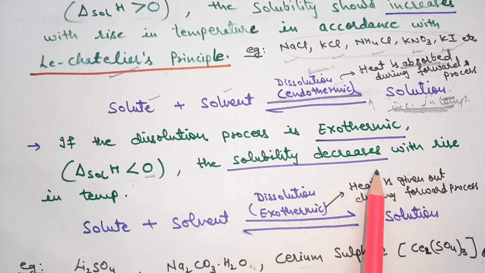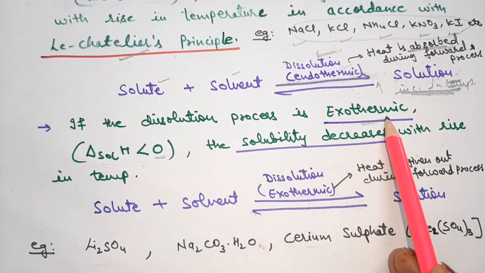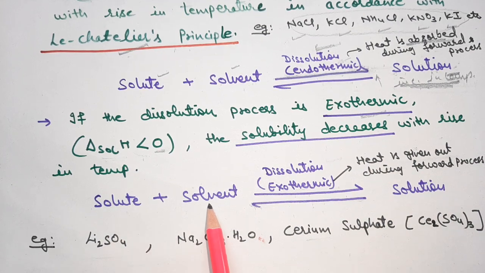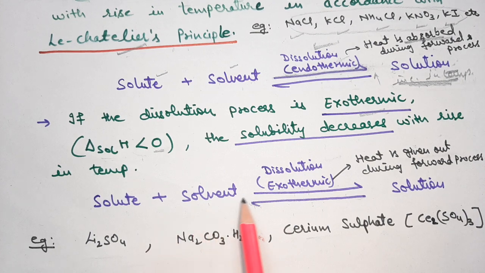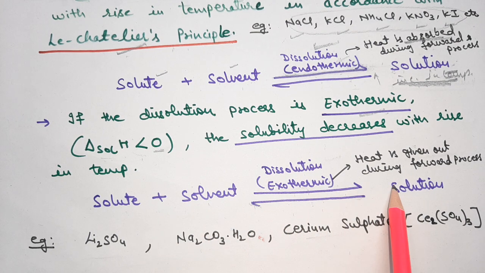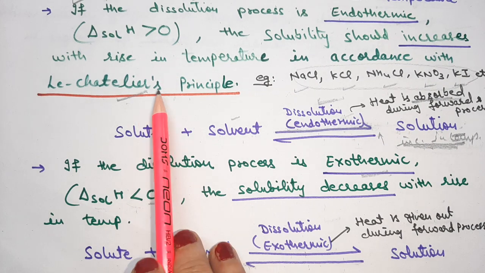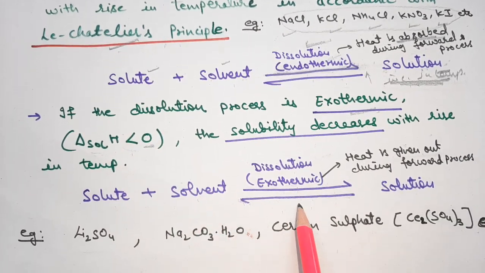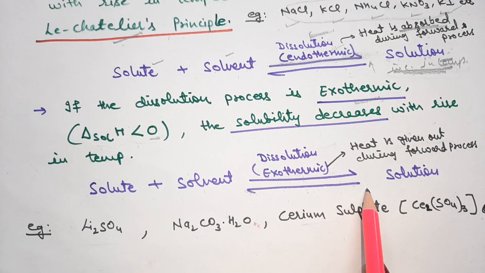So the next case let us discuss, that is if the dissolution process is exothermic. Same way, solute plus solvent, now the dissolution is exothermic in nature, meaning when the forward process takes place, heat is given out, and again we are increasing the temperature. What will happen now? According to Le Chatelier principle, this process will try to undo the effect of the temperature.